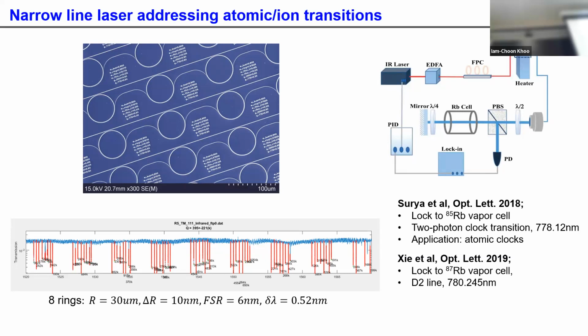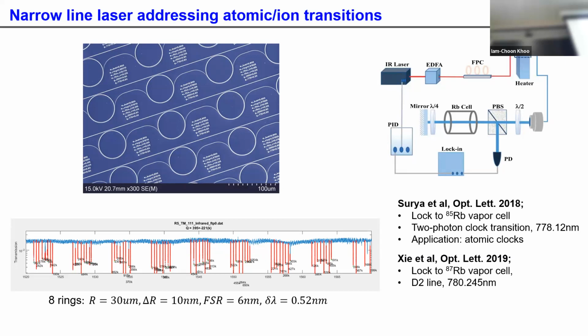So what do we do? We make an array of 16 resonators. Each resonator only varies by 10 nanometers, so that allows us to cover the phase matching window across the whole C-band. That's our strategy. In this example I have 8 resonators, so you can see 8 resonances. If you have 16, you bridge this gap, so we can cover all the wavelengths.